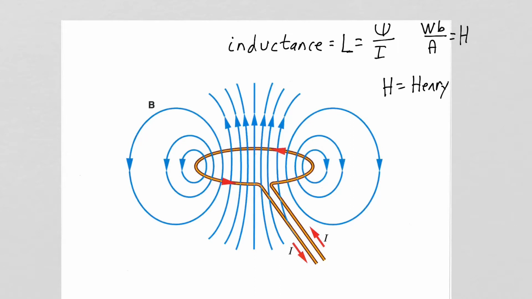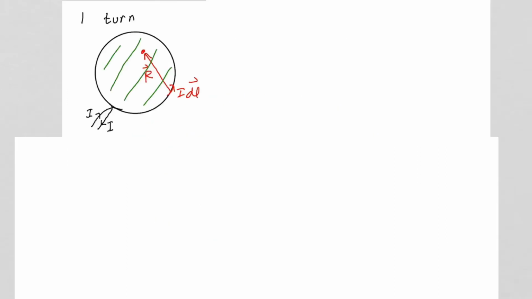Since every magnetic flux line goes through the surface whose perimeter is defined by this current, we can find the total magnetic flux by finding the magnetic flux going through this surface. Here is our one-turn coil with the current I flowing around it.